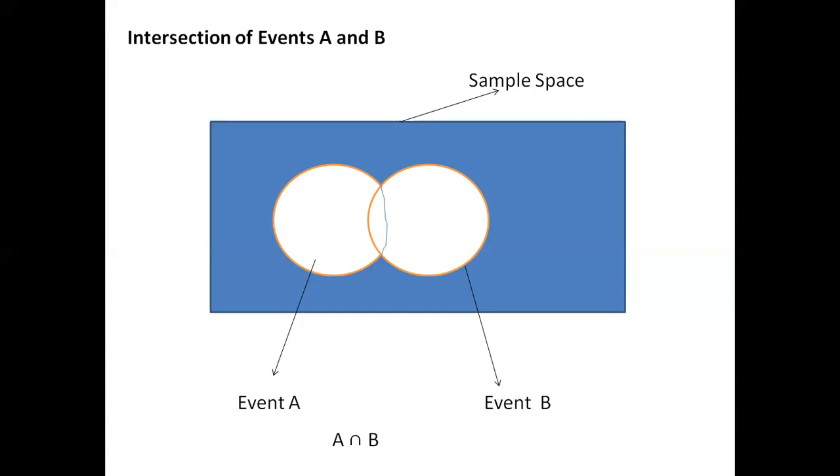The intersection is denoted by A, this intersection symbol, B. A intersection B. If you see this diagram, you can find the intersection of events A and B is just this area. Look at my cursor. This area is indicated by the intersection of events A and B.